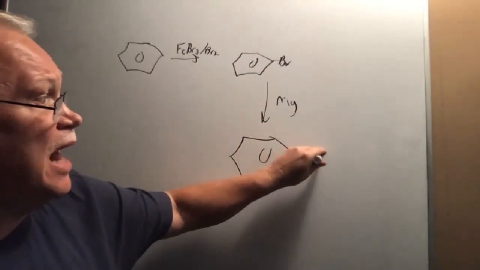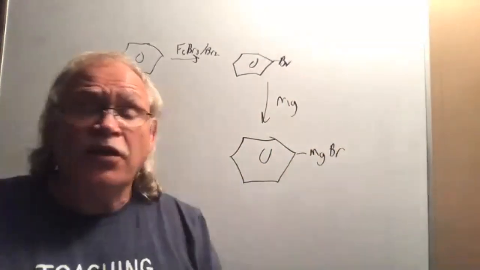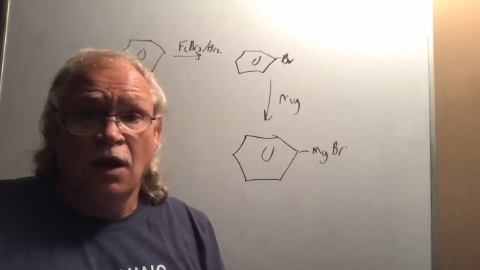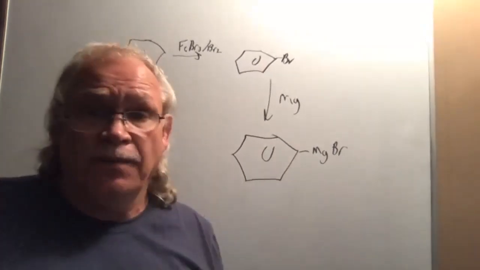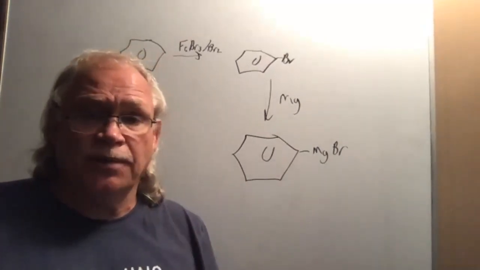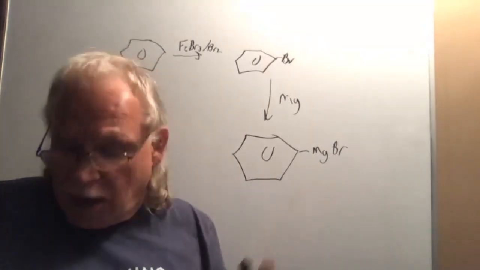And then what can I do with that Grignard reagent? Any of the reactions that we've learned with Grignard reagents. Okay, so what can I do now? What can I do in organic chemistry? We have learned a great deal of reactions.